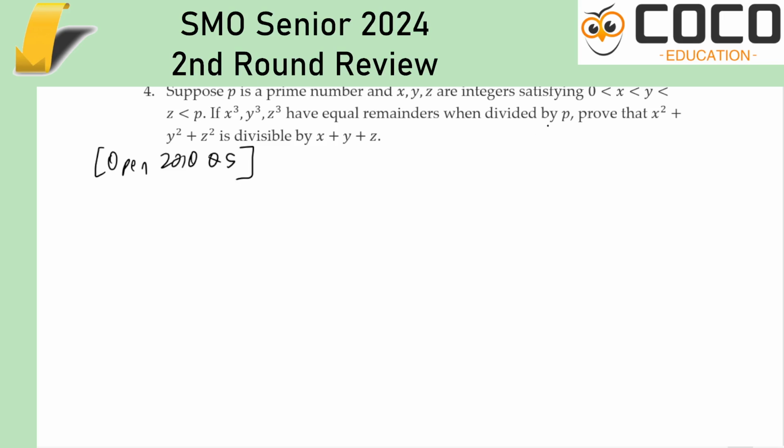Okay, I'll just start by mentioning something for those of you who are familiar. You can actually show that this would imply that p is 1 mod 3 and that x, y, z will just look like 1, omega and omega squared mod p, where omega is the third root of unity.